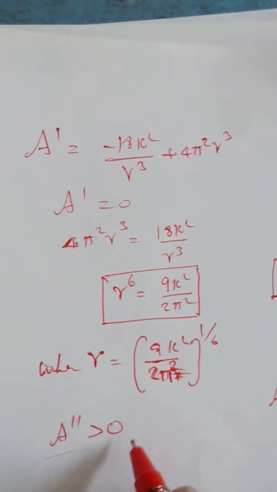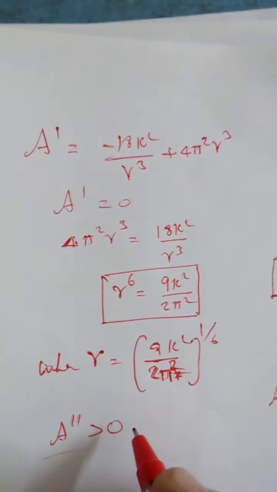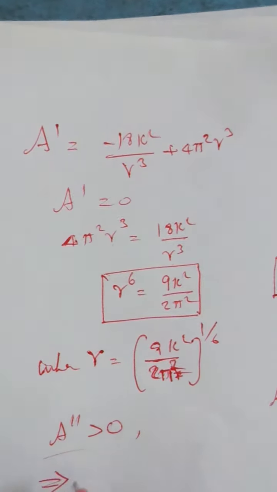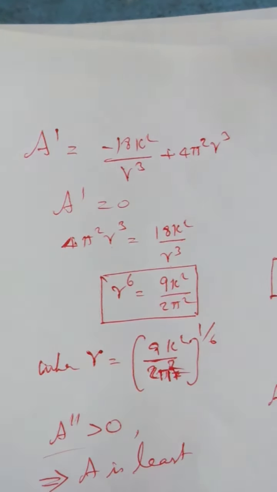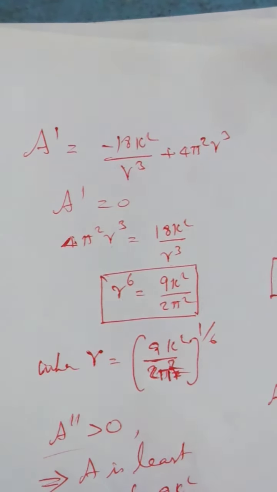We have mentioned this already. Just make a note of it to claim your minimum. A double dash is positive. That implies your a is least when your r power 6 is equal to 9k square by 2 pi square.